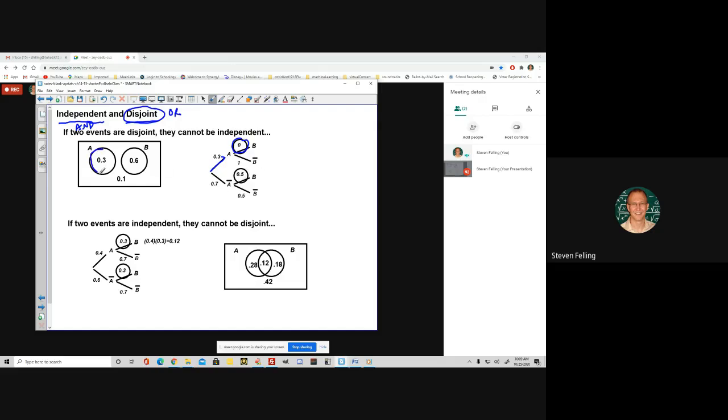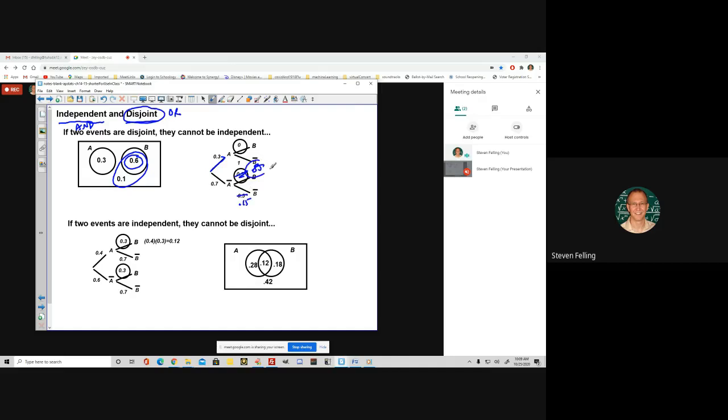Let me back up. A not happening is this, and B is only some part of that, so it would be 60 out of 70%, which would actually be 0.85, 0.15.